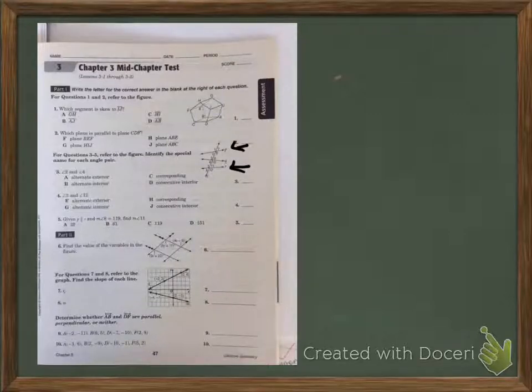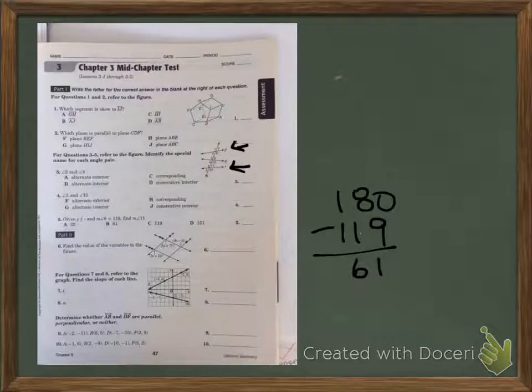So if we have angle 8 being 119, we have to add x and make it equal to 180. So we're basically subtracting 119 from 180. If we subtract 119 from 180, that gives us 61 as our answer, which is letter B.